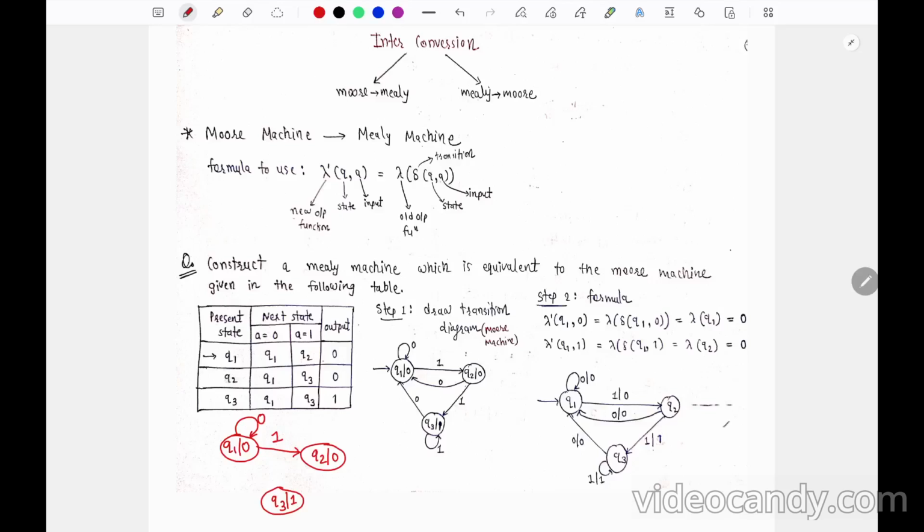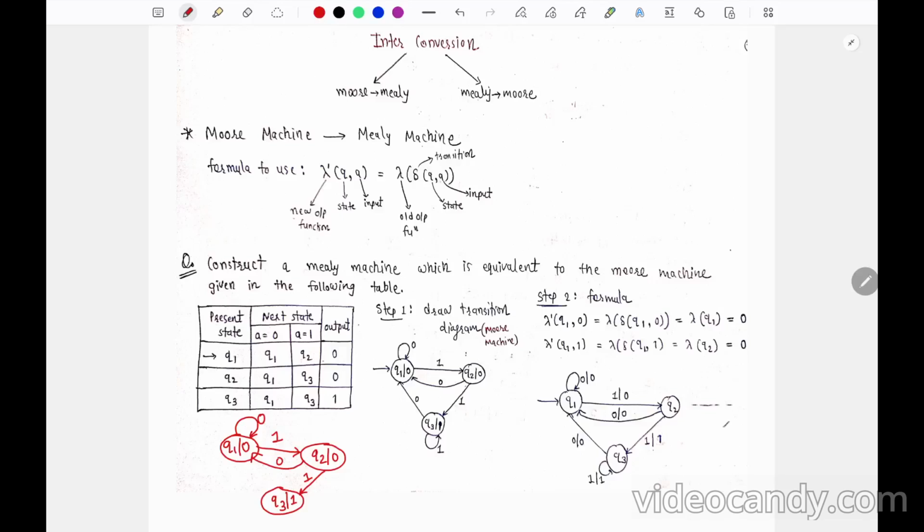For Q2 with input 0, we get the next state Q1. If we give Q2 the input 1, we get the next state Q3. Let's move towards the last state Q3.